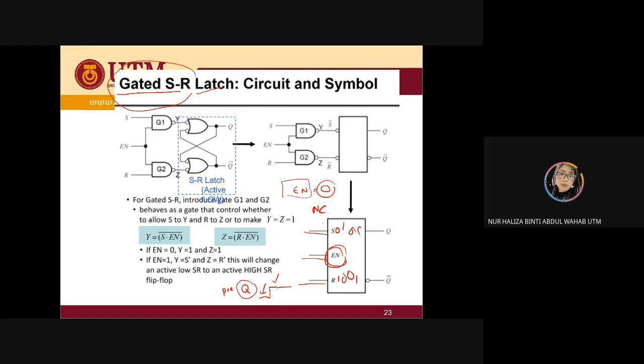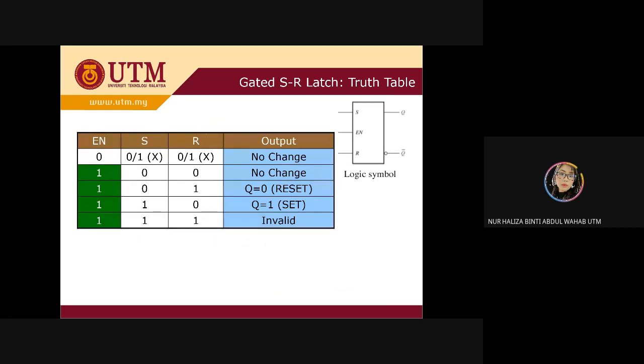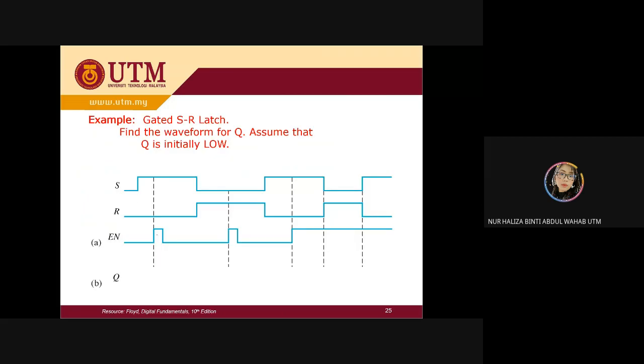But when EN is 1, then you need to consider and look into the SR, which is totally similar to the table for the active high SR latch. So if it is 1, you need to consider your input.